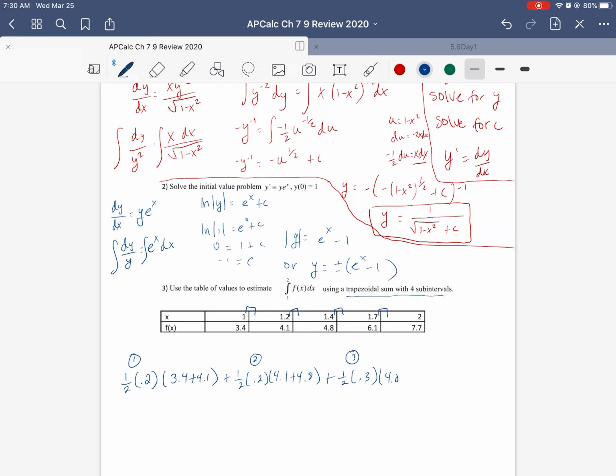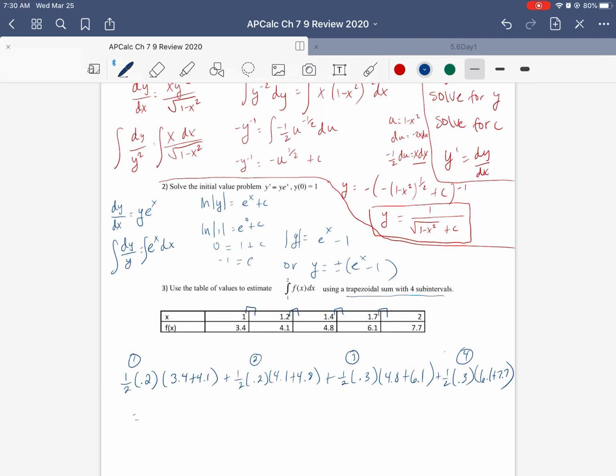Here's where we have 1/2, 0.3, 4.8 plus 6.1, and your fourth trapezoid, 1/2, 0.3, 6.1 plus 7.7.